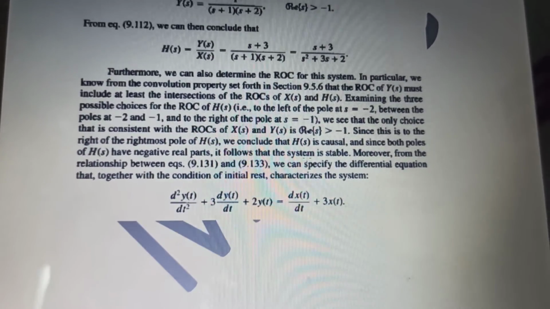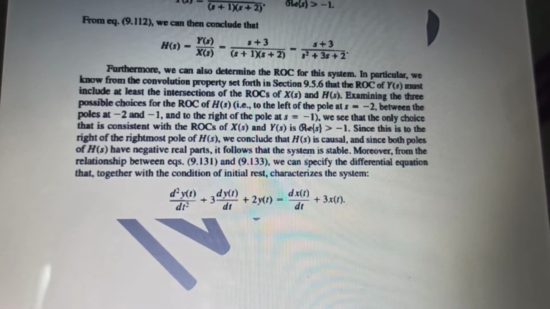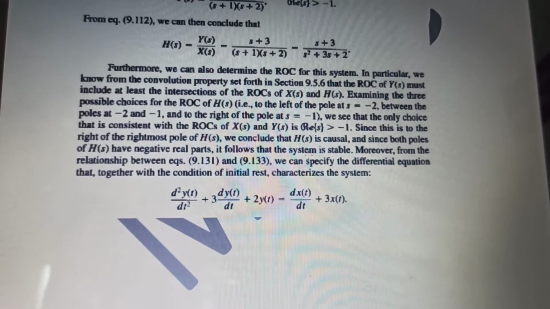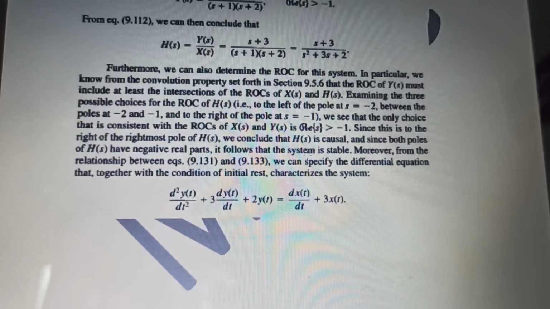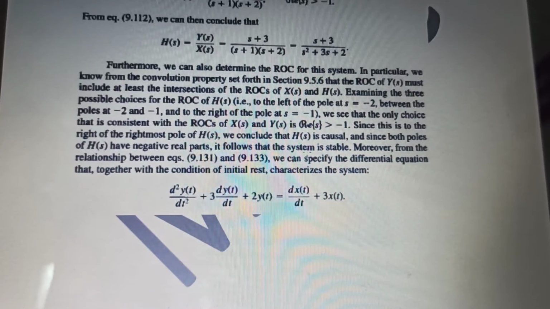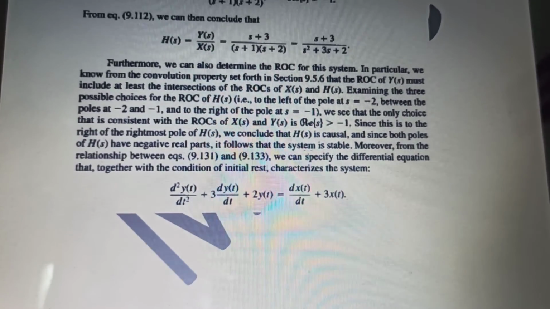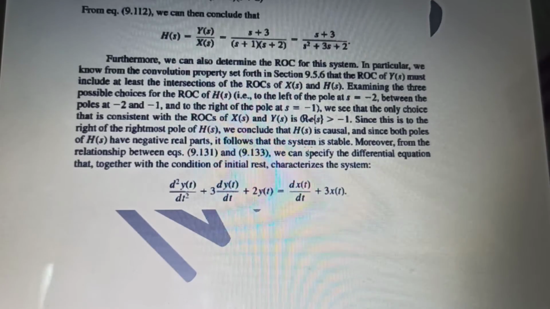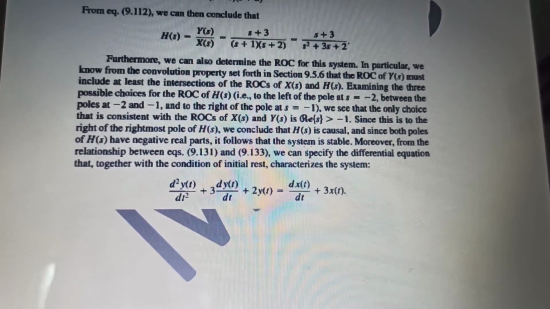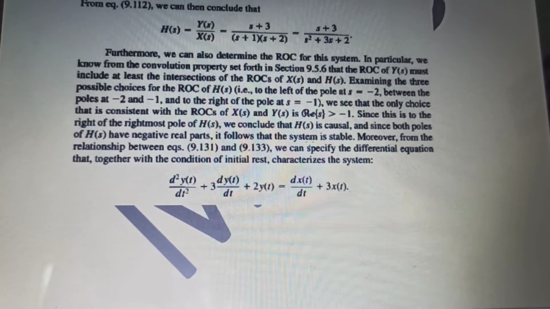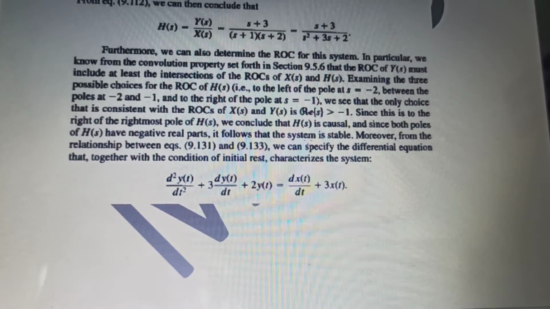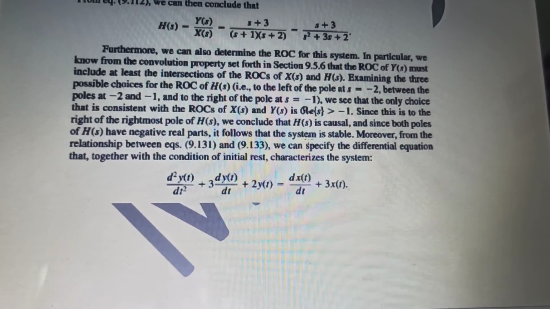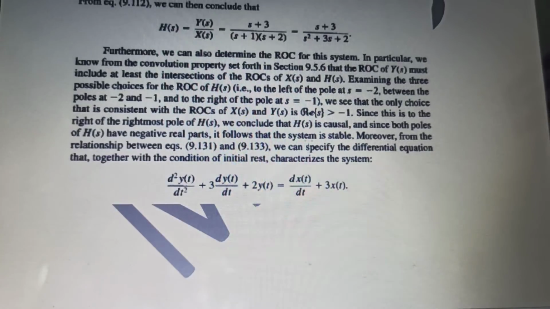While writing this equation, one thing needs to be mentioned very clearly, and that is that the initial conditions are 0. The system is initially at rest. Okay, so if this condition exists, then I can straight away say that my system is causal and stable.